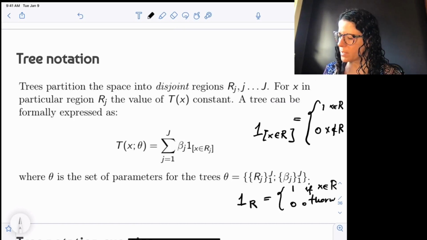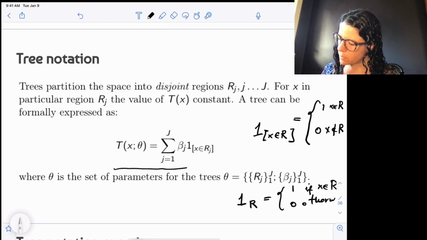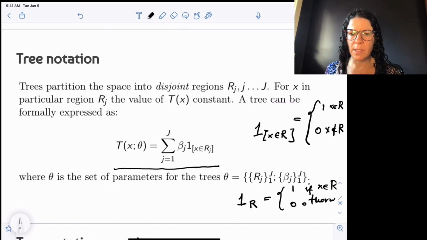Makes sense. Since all of these regions R_j are disjoint, for x in a particular region this function is going to be beta_j.